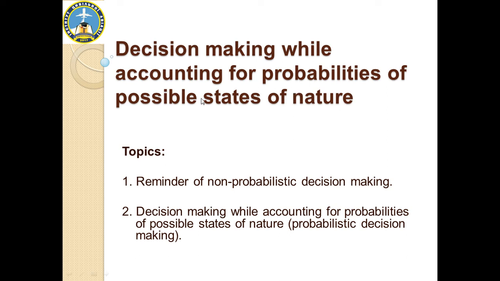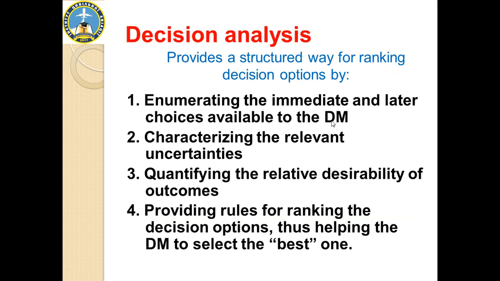So let's talk about decision analysis. Decision analysis provides us a structured way for ranking decision options in the following order. First, we enumerate the immediate and later choices available to a decision maker. This DM abbreviation stands for decision maker.